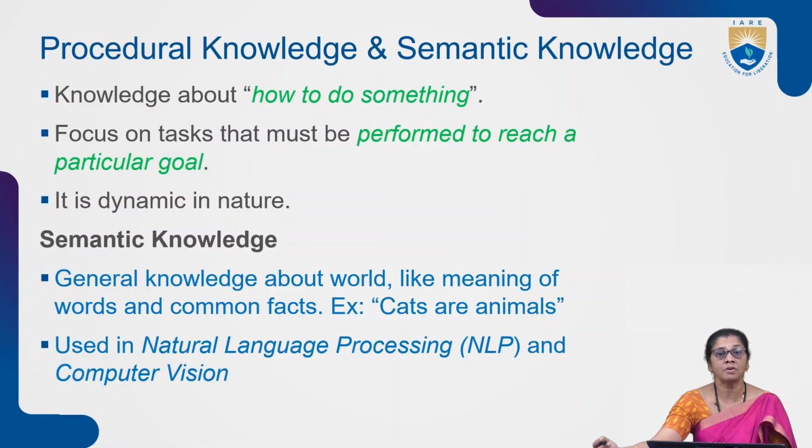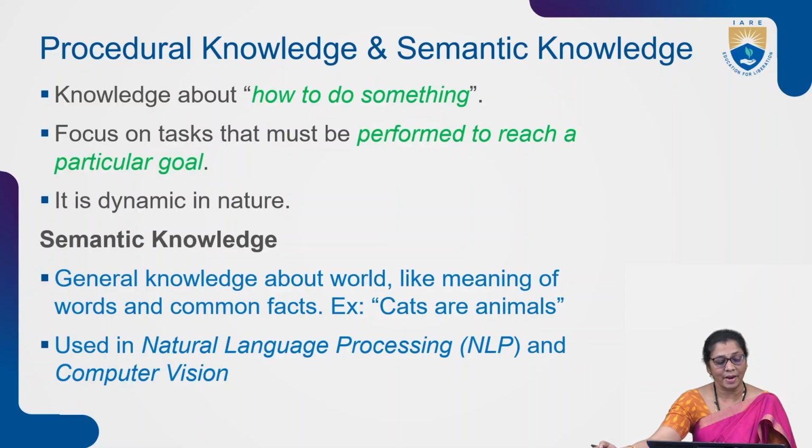We focus on the task that must be performed to reach a particular goal. And it is dynamic in nature. That is, more and more information gets added to it and more new experiences are added to the database. It is more about executions and sequences of actions. So all the automation that has been done using AI systems uses this procedural knowledge.